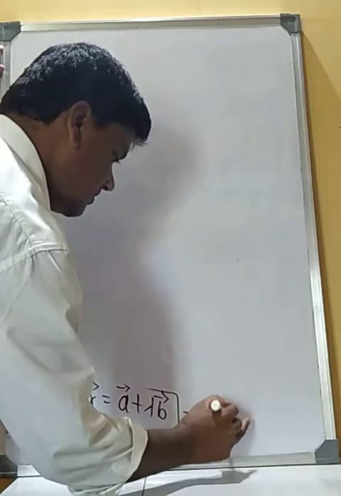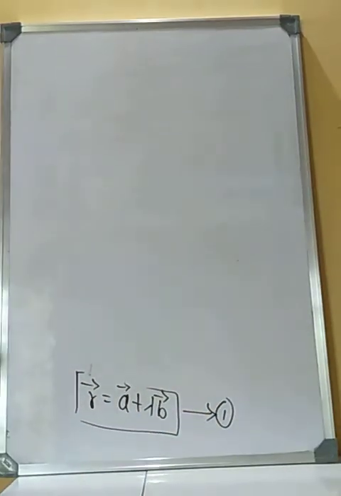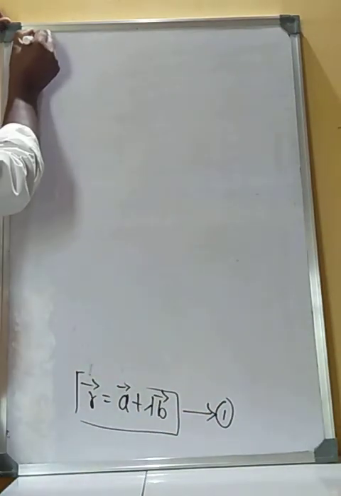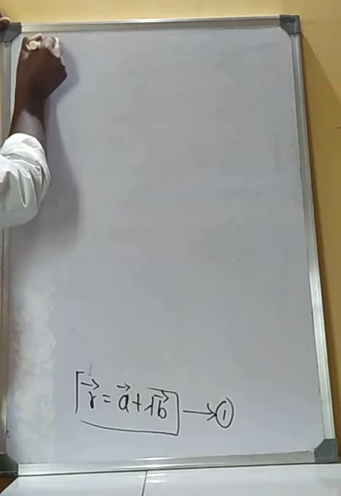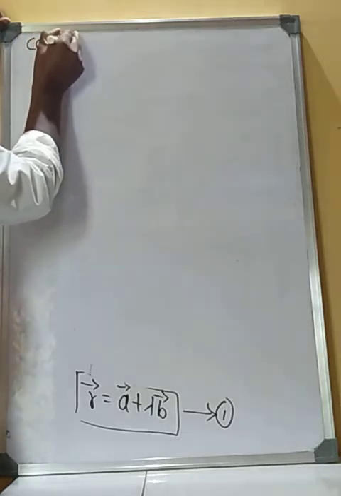So this is called equation 1. Next, the Cartesian form of the equation of a line.